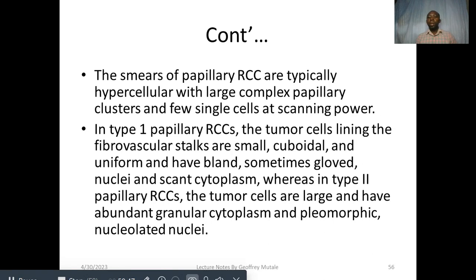In type 1 papillary renal cell carcinoma, the tumor cells lining the fibrovascular stalks are small, cuboidal, and uniform, and have bland, sometimes grooved nuclei and scanty cytoplasm, whereas in type 2 papillary RCC, the tumor cells are large and have abundant granular cytoplasm and pleomorphic nucleolated nuclei.